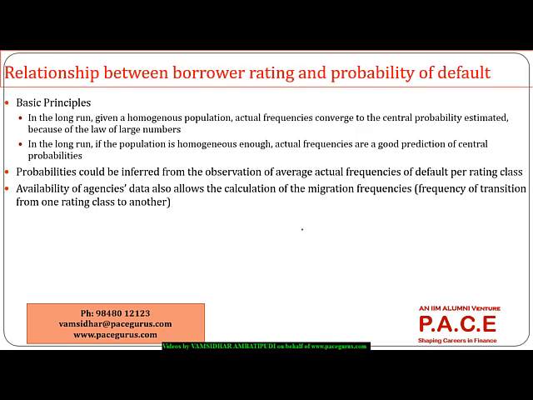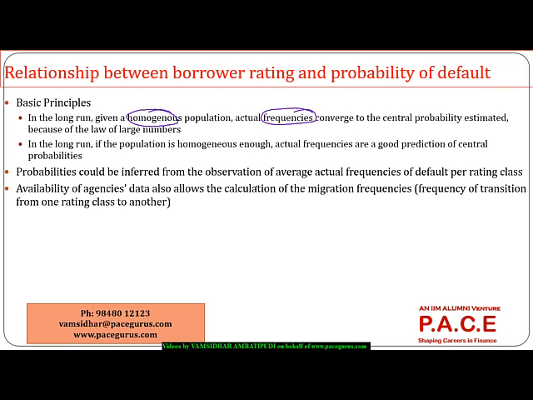So all those companies which are carrying a similar kind of a rating, which is the typical homogeneous population, I'm simply looking at within that entire homogeneous population, what is the actual frequency of the companies which are defaulting, because it's very much assumed that all these firms are more or less homogeneous based on all the other factors that are being considered earlier.